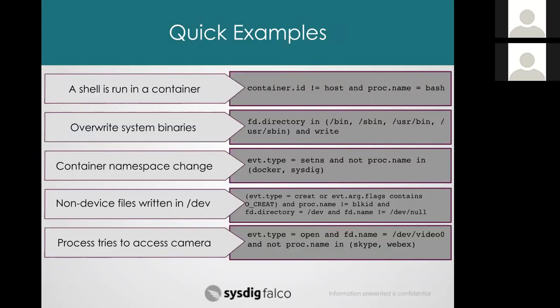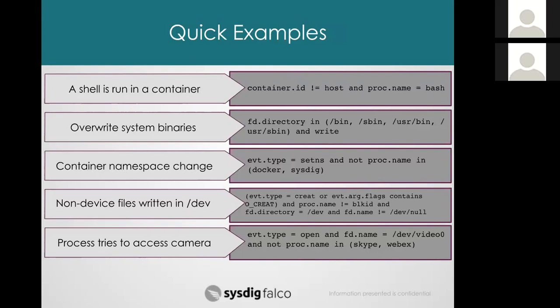On a general Linux system, you would definitely expect shells to be running, but within containers, they're usually used for discrete programs like database servers and web servers, and you don't expect general purpose shells to normally be running. If you want to detect that, here's the filtering expression you could use. It's just as simple as saying the container.id is not the host, and the process name being run is bash. Pretty simple, but it gives you a great way to detect bad behavior.